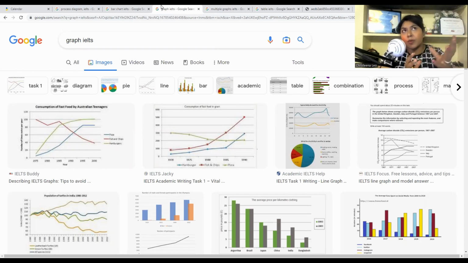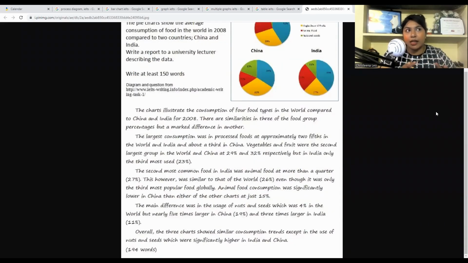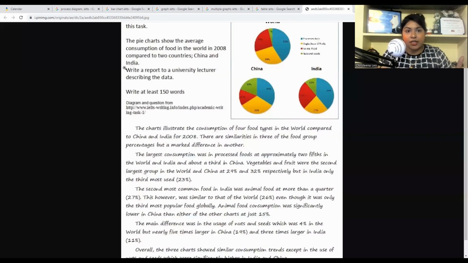So in the first paragraph, which I'll be showing you here, where you have a pie chart, it's just going to be a paraphrasing of the question. If you look at this example, you'll just be paraphrasing the question. And then in the second paragraph, it's the overall overview of those important details.